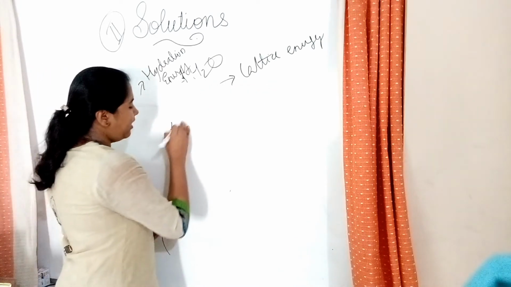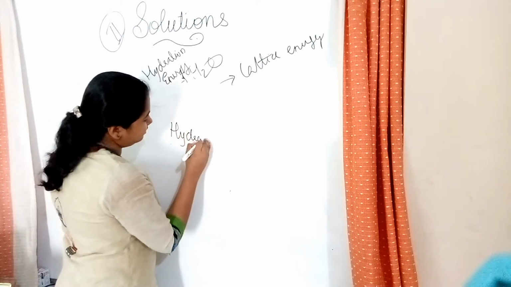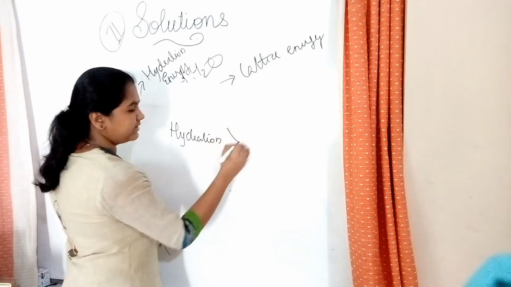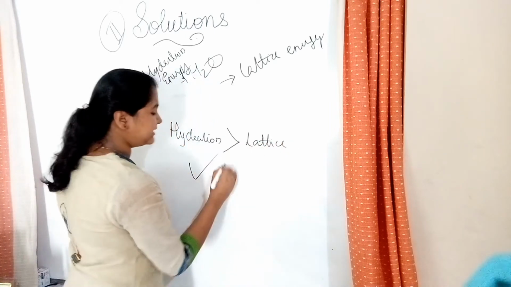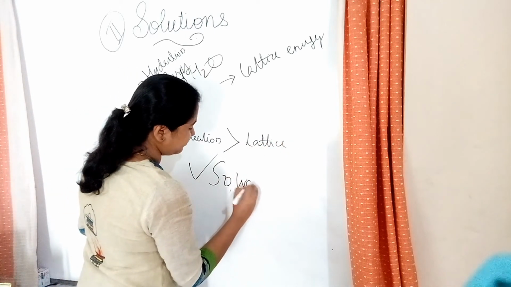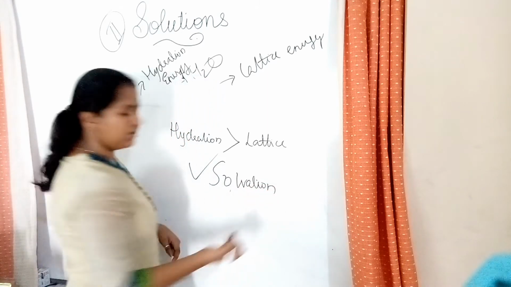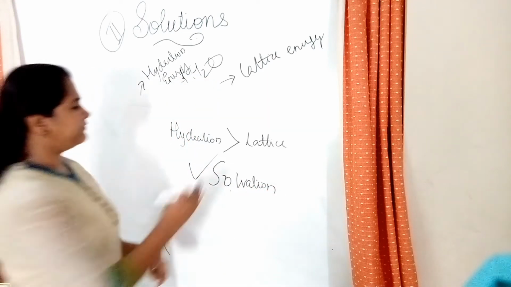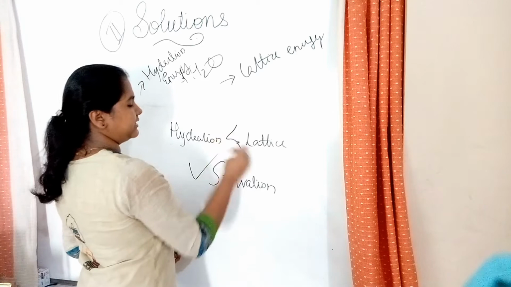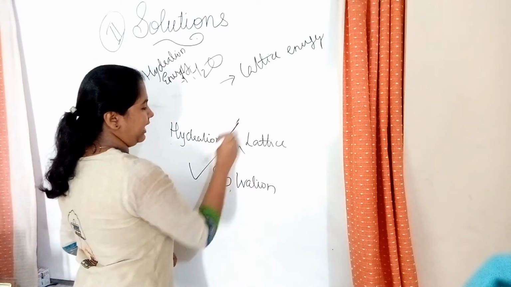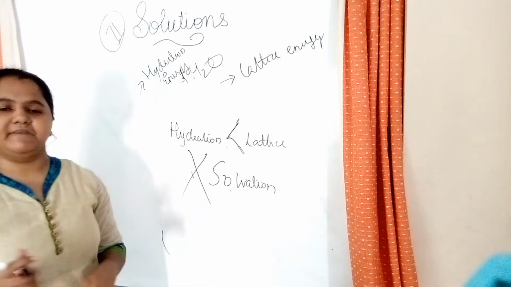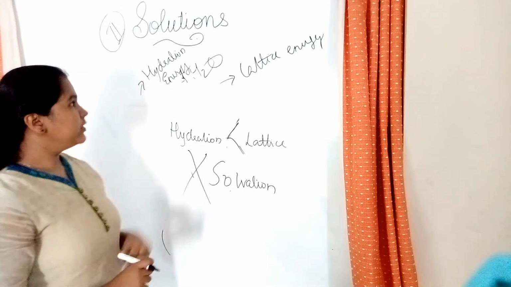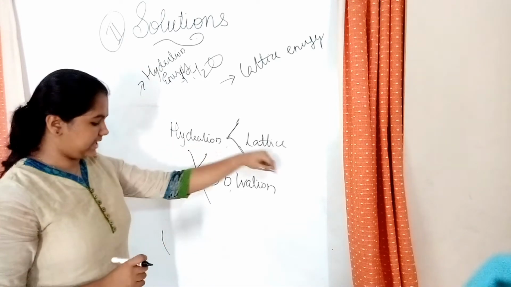So if hydration energy is greater than lattice energy, what would happen? There would be solvation. If the lattice energy is greater than the hydration energy, what would happen? There won't be solvation. The solvation will not take place. So that is what hydration and lattice energies are.